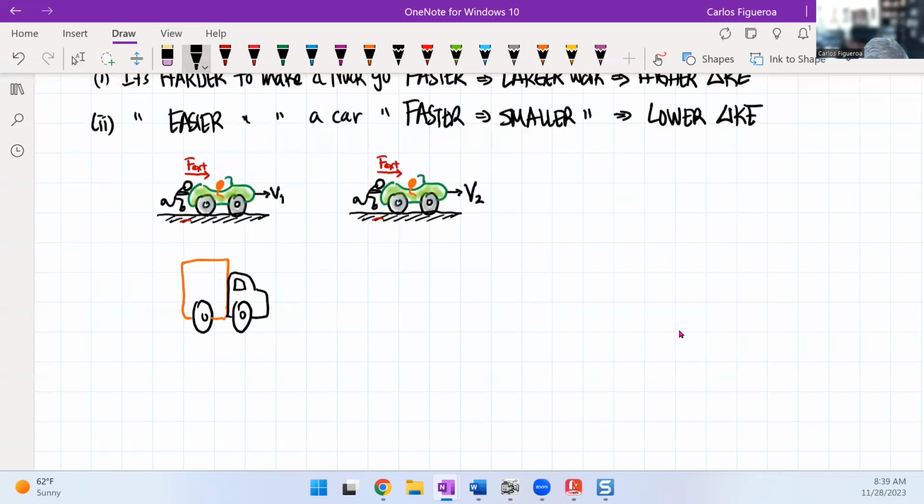And so when I'm looking at my truck here, we can clearly see that the big difference between these guys is that this guy has what? A much larger mass compared to this one, which has a smaller mass. So now what we want to do here is that, again, we could imagine that this truck is also moving at the same speed as the car.